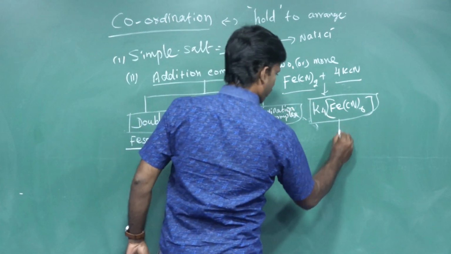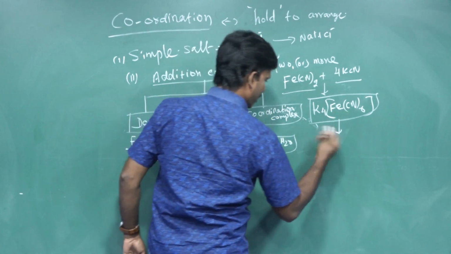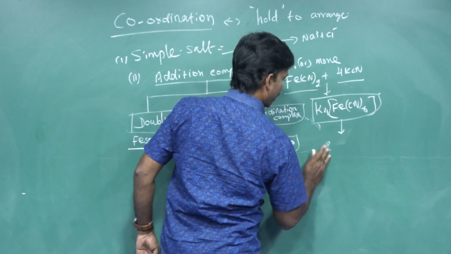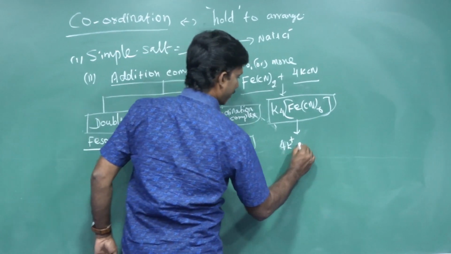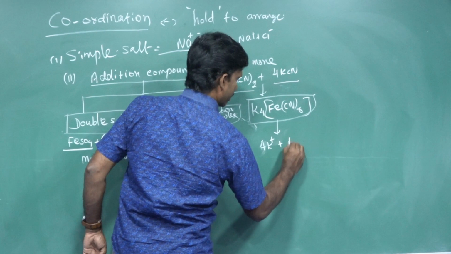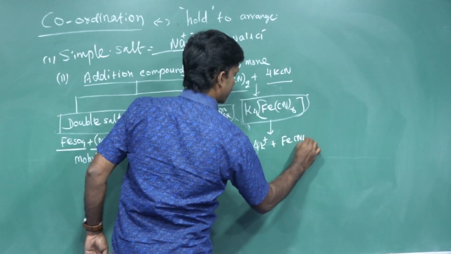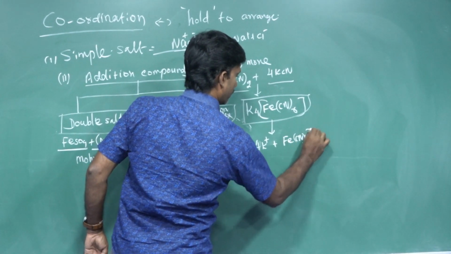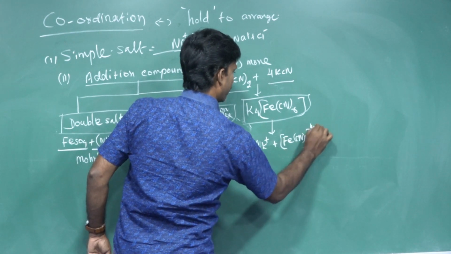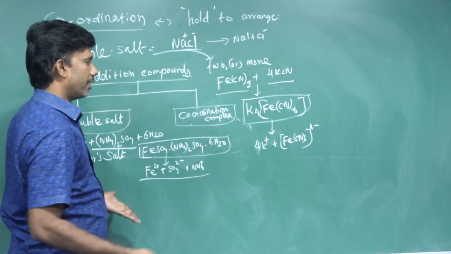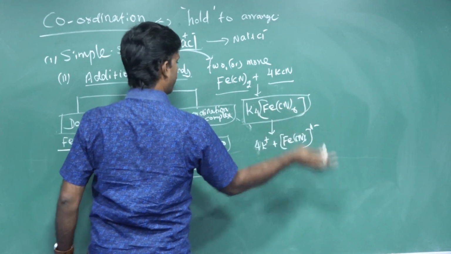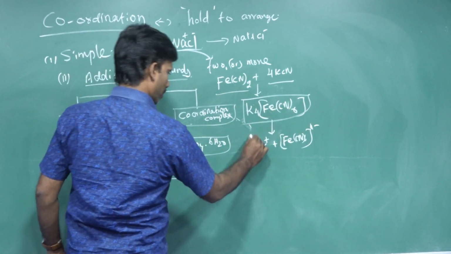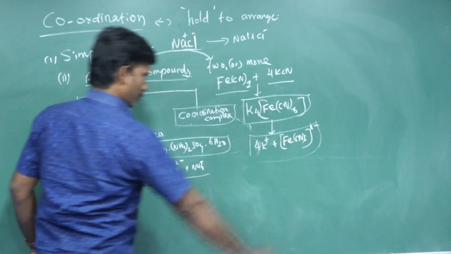Now if it is dissociated, it will not dissociate to give constituent ions. Instead, it will give a cation and a complex anion. So you cannot get individual ions like K+, Fe2+, and CN-. They do not dissociate to give constituent ions.